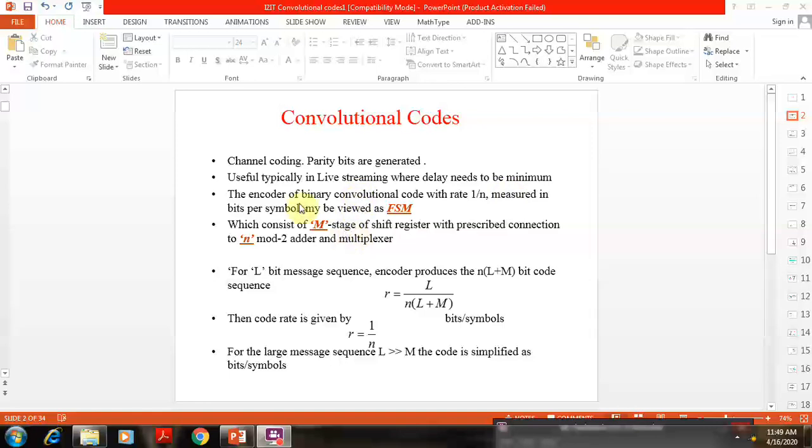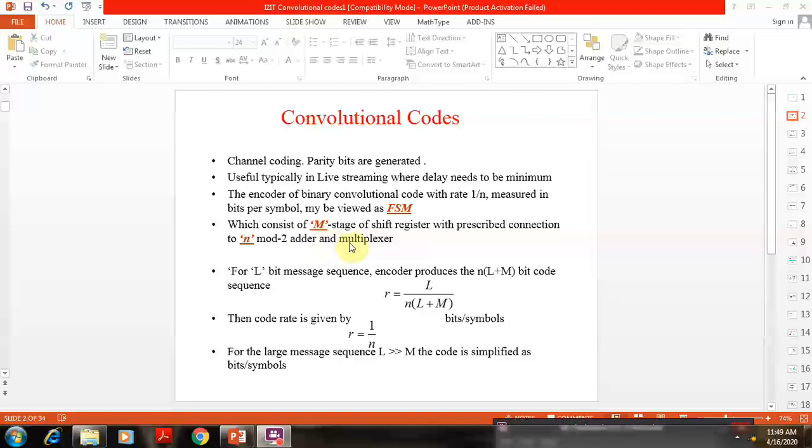As I discussed just now, we are going to implement the convolutional encoder using flip-flops. So one way of visualization of convolutional encoder is again with the help of FSM, which is finite state machine. There are different representations of convolutional encoder which we will see subsequently. So let's begin with the fundamental concept of convolutional encoder.